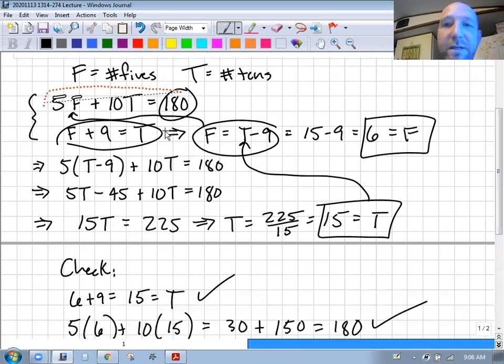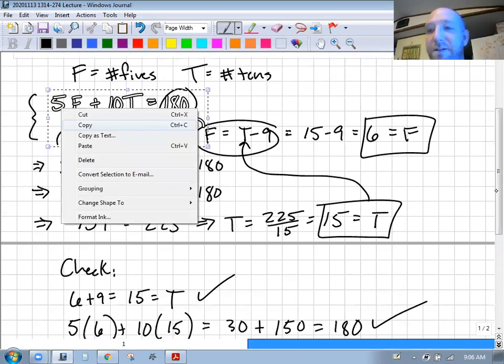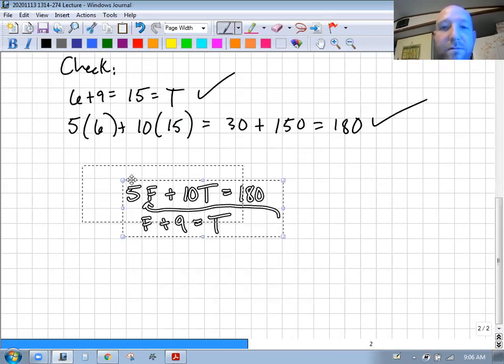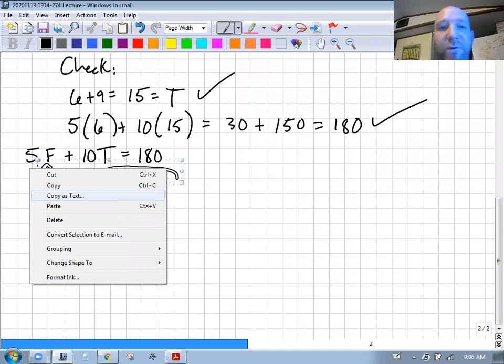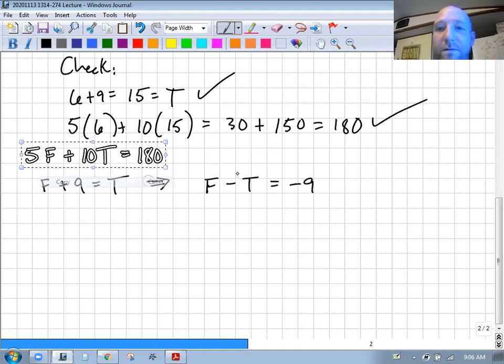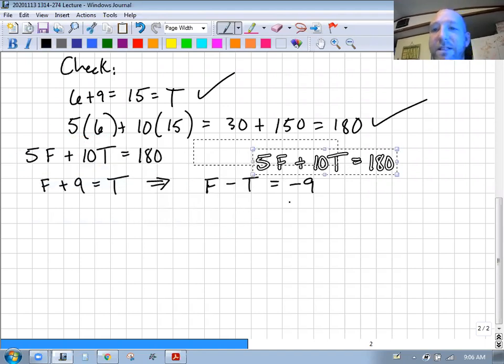Alternatively, we could have done the elimination method. So if we were going to do that, we need to get all our F's and T's lined up. All right, we want our F's first, our T's second.